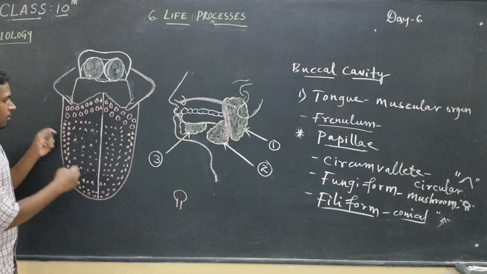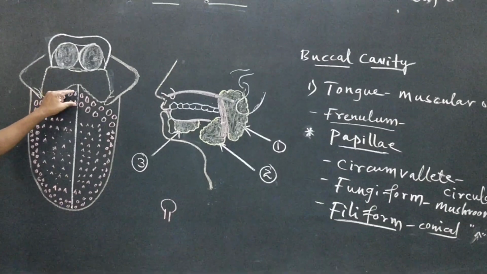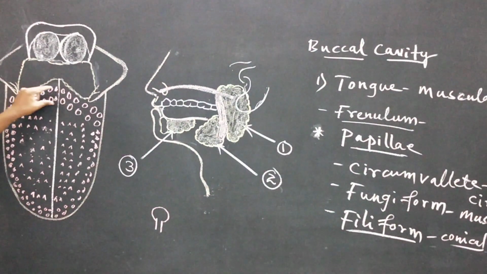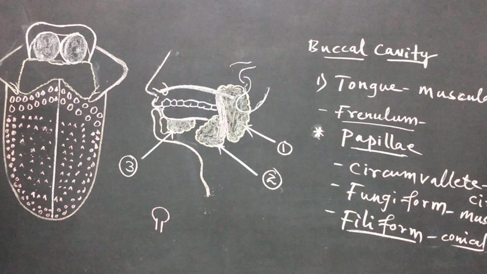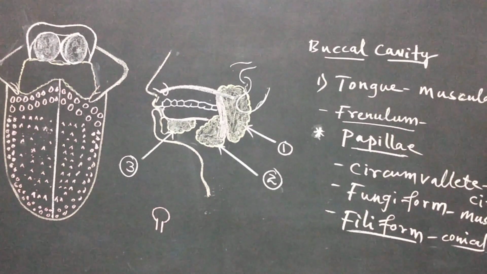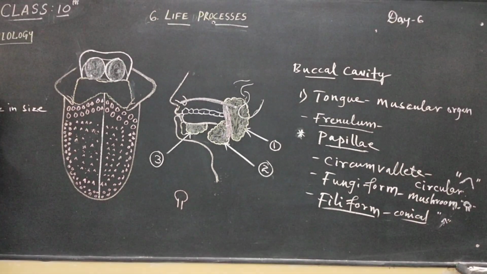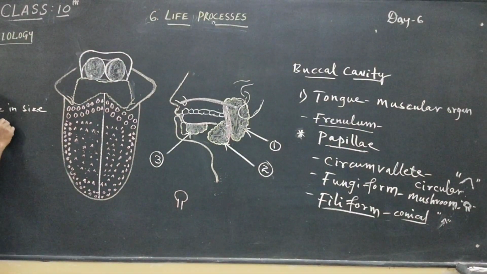Now you can see here, at the back of our tongue, it is circumvallate, and they are large in size but fewer in number.